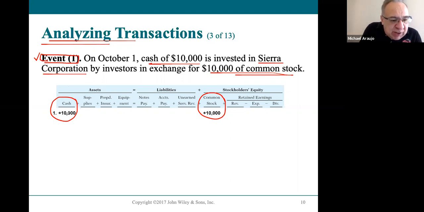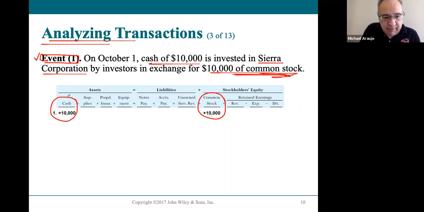The little plus 10,000 is not accounting. That's just telling us, analysis-wise, we have $10,000 more in cash. And for common stock, again, this is a plus 10,000, but this is analysis. All this is telling us is we have $10,000 more of common stock. This represents the owners' investment in the company.